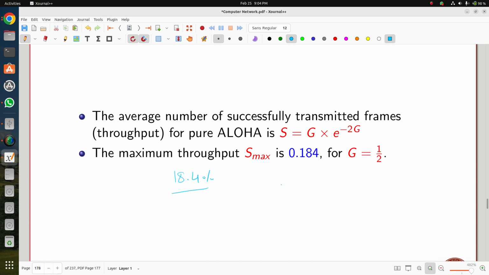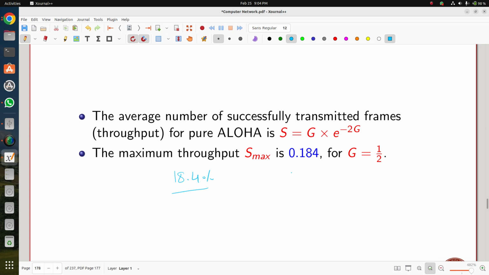You can understand it like this: if you transmit 100 frames, out of 100 only 18 frames will be successfully transmitted, roughly. So the throughput of this protocol is very low.